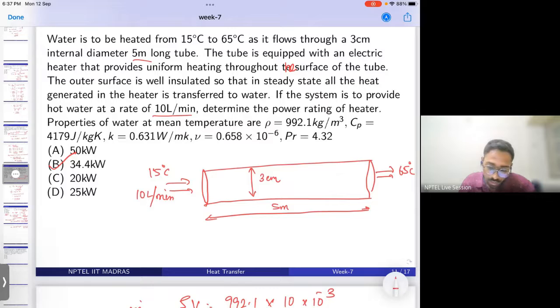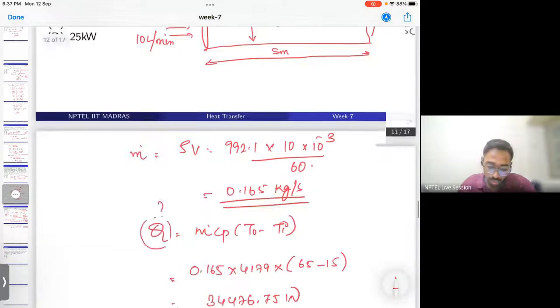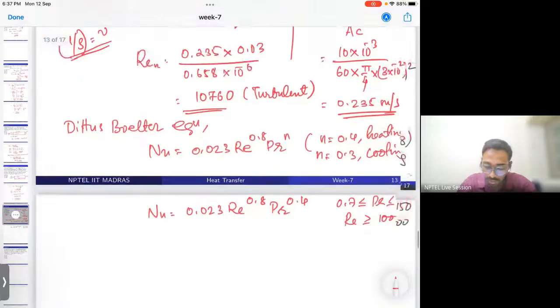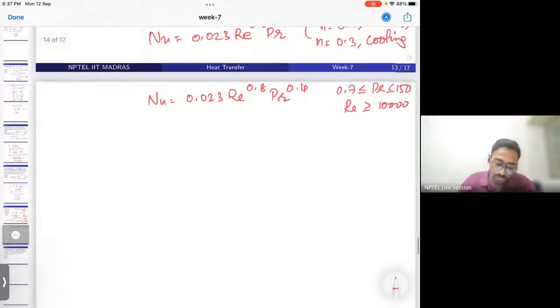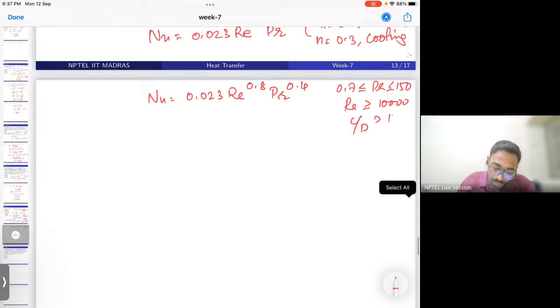D is 0.03, L is 5 meter, so L by D is greater than 10. So all these conditions are satisfied. Okay, so we can use this Dittus-Boelter equation for this question.